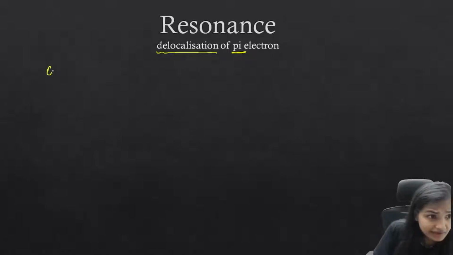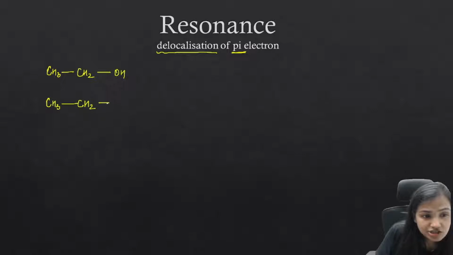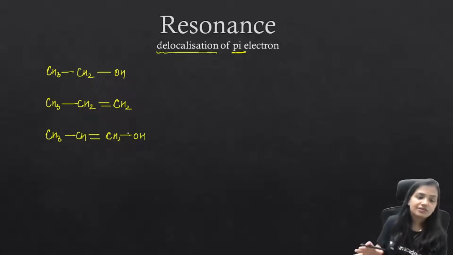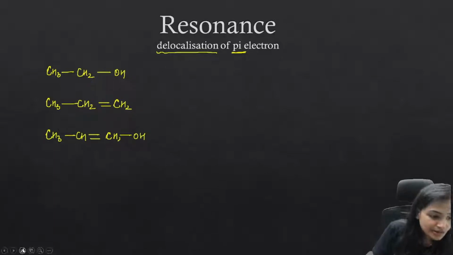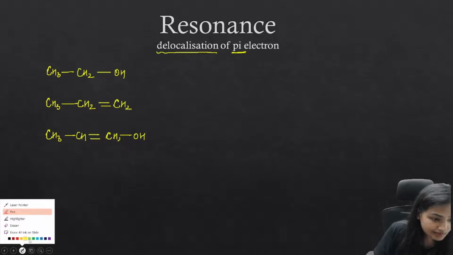Let me take examples like CH3-CH2-CH3, CH3-CH2-OH, and CH3-CH=CH-CH2-OH. So there we have the 3 examples. What is the difference between all the 3 examples?